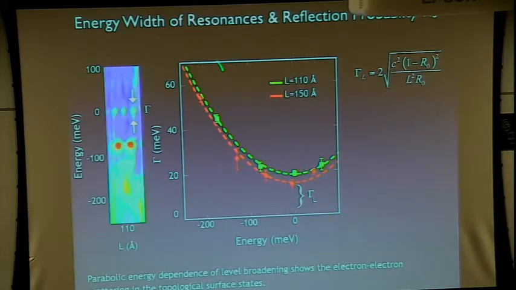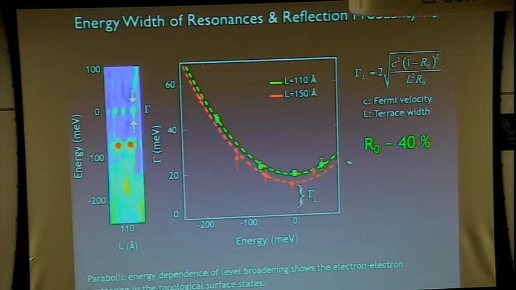So it's parabolic, basically. It should be, it's a Fermi liquid. But you notice that there is some residual value of this lifetime. Essentially, this comes in because of the probability that the electron is reflected.